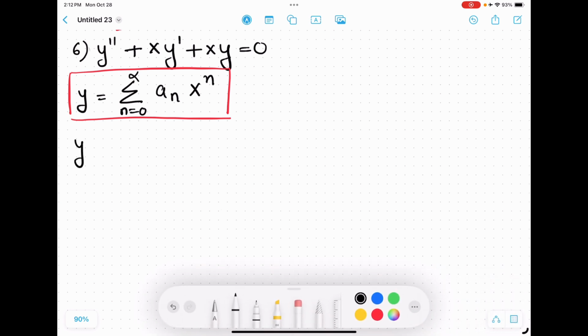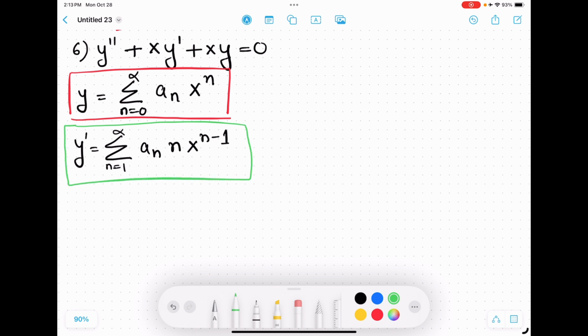Then we have our y prime. Since we are doing our first derivative, our index increases by 1, to infinity a sub n times x to the power n minus 1. And our y prime gets a green box. And then we have our y double prime.